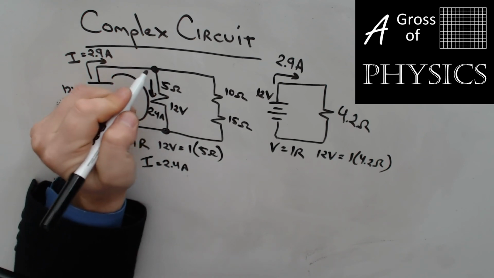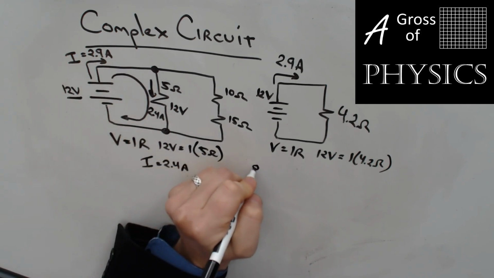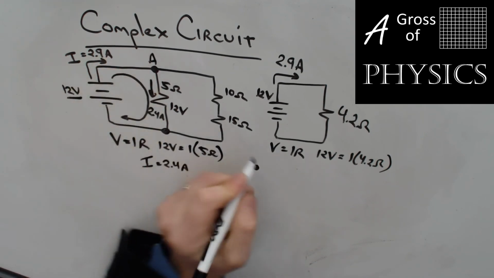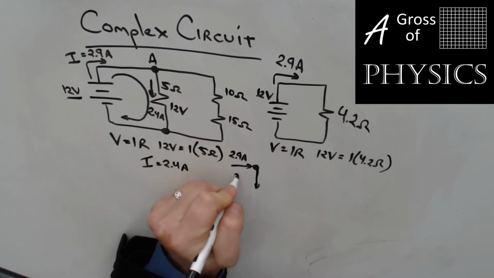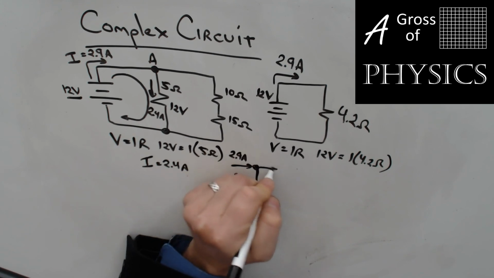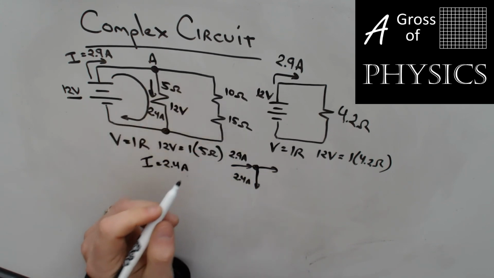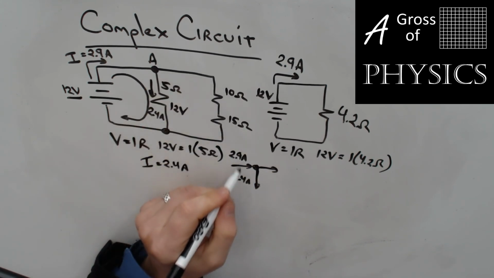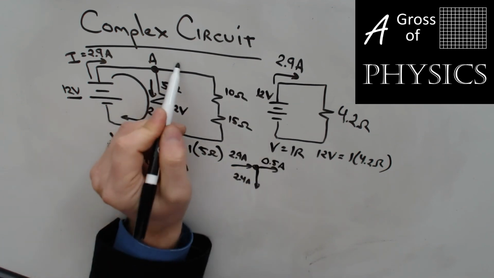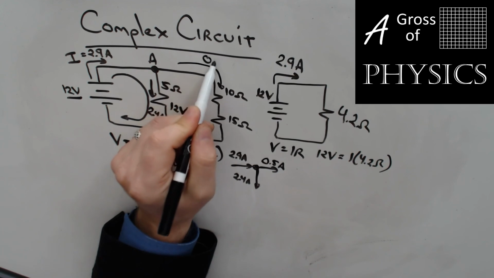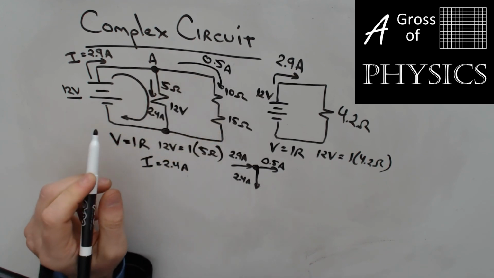Now, I can go back to a junction. At the point at the top, I'll call it junction A, I had 2.9 amps going in, 2.4 amps going down. What's going to be left to go to the other two resistors? Well, 2.9 minus 2.4 is 0.5 amps. So that's flowing here, 0.5 amps.